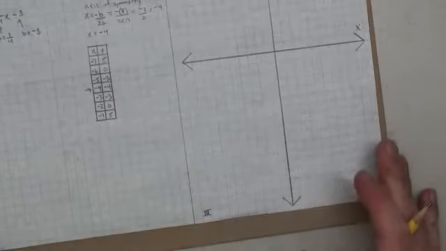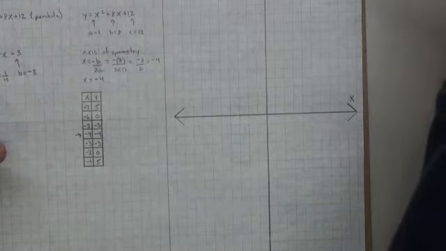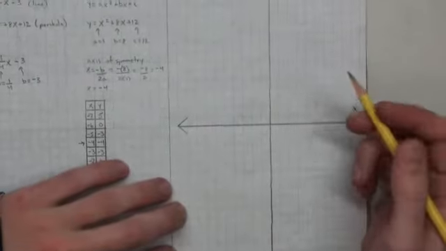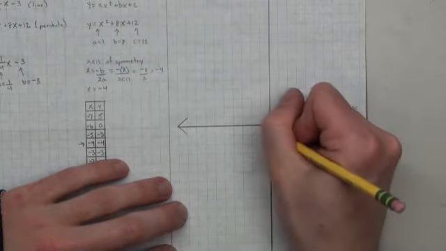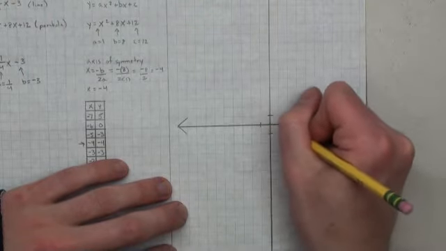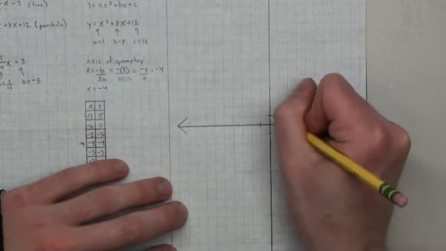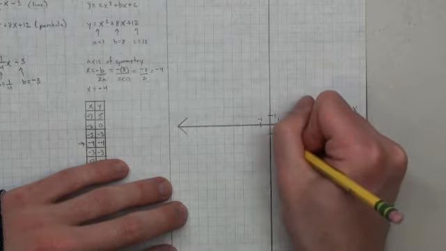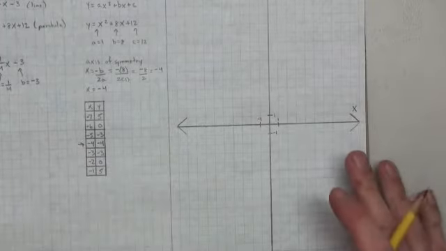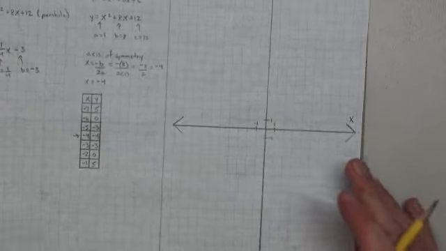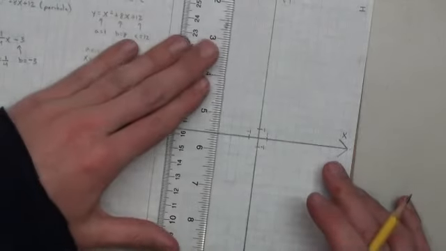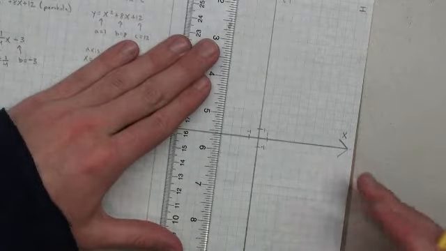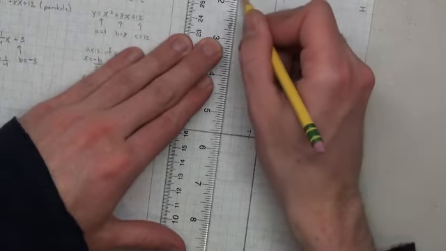All right, and let me sharpen this. Show everybody that we're going by ones in each direction. Now, let's put in our axis of symmetry first. It goes right down through -4 on the x-axis.